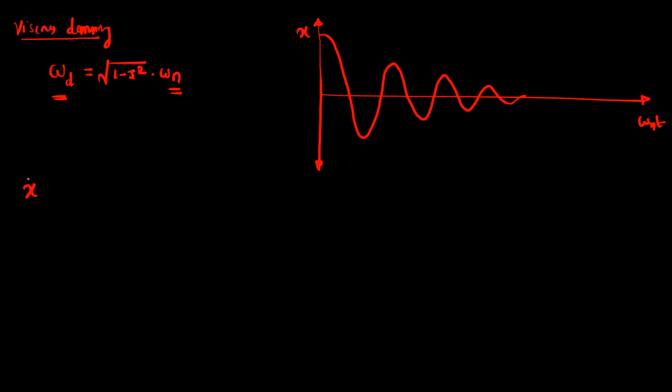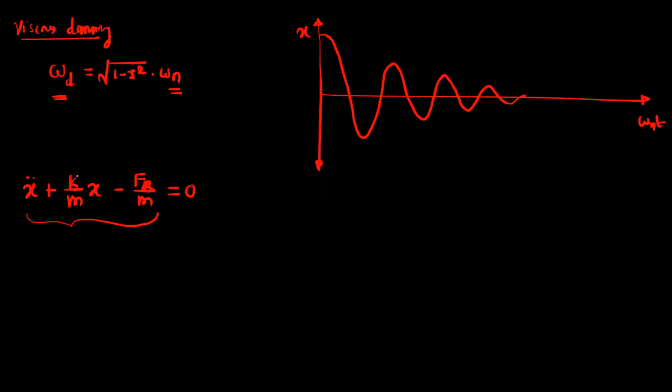Which is x double dot plus k upon m into x minus fr upon m, this is equal to 0. Okay, so refer the first equation for the Coulomb's damping. This equation will give the value of the natural frequency.